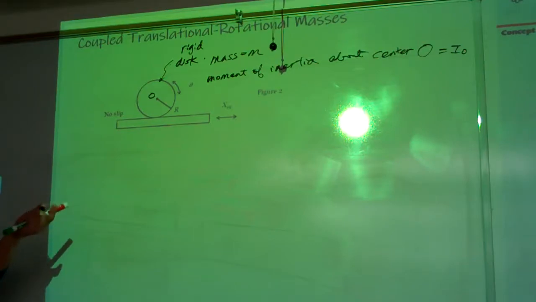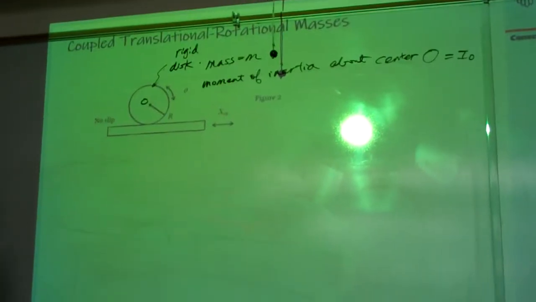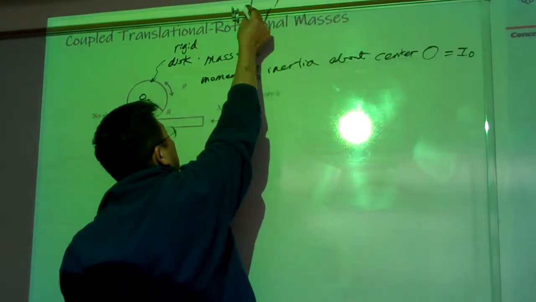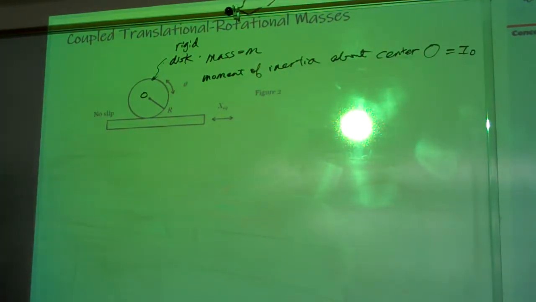When we talk about the moment of inertia, we have to specify which point we talk about with respect to, because with respect to different locations the value is different, okay.